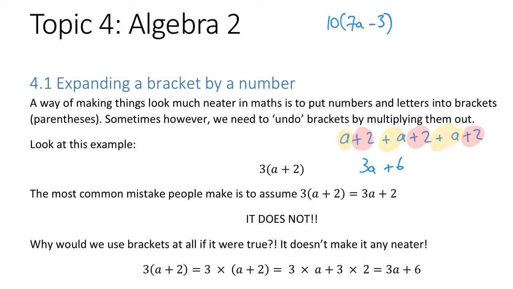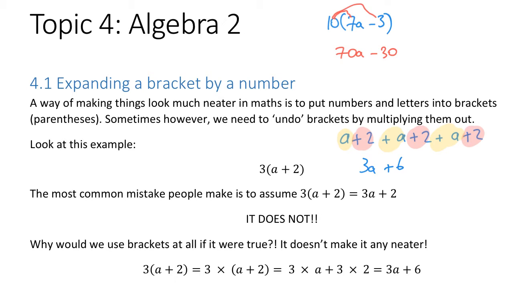So we need to multiply the first term by the term outside. So we'll do 10 times 7a, and we would also do 10 times minus 3, and that would get us to 70a minus 30.